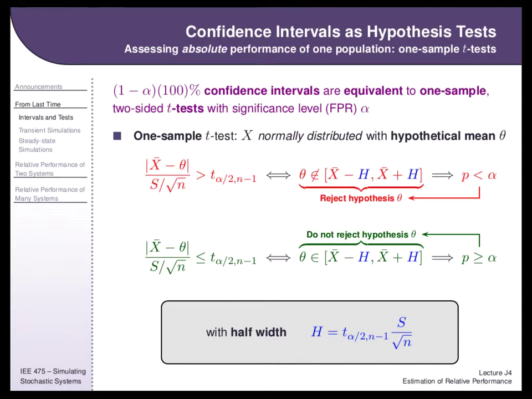But it's not going to happen that often. So if I get samples that are far, and this is all standardized, so we create a threshold here, then we reject the hypothesis, because it shouldn't happen that often.